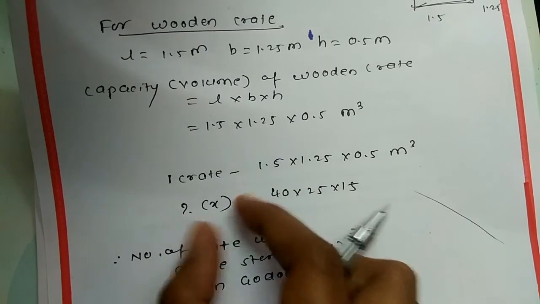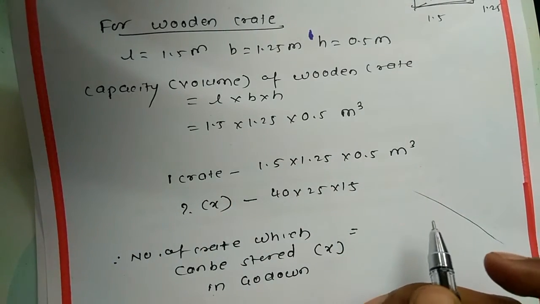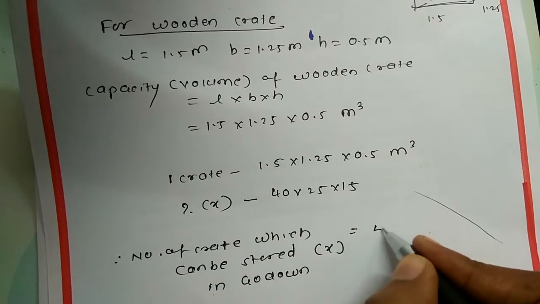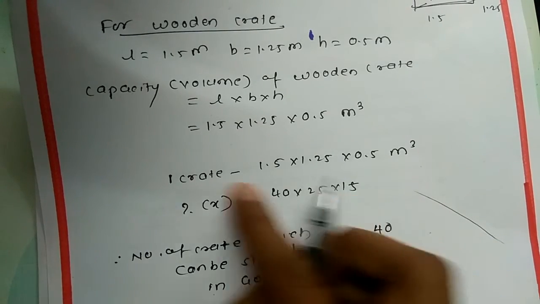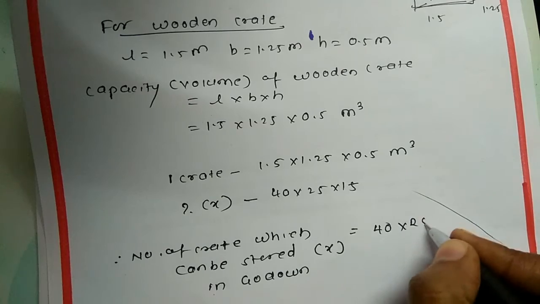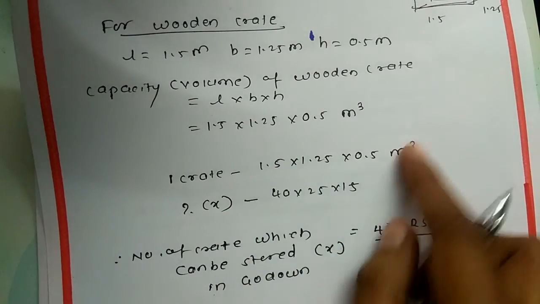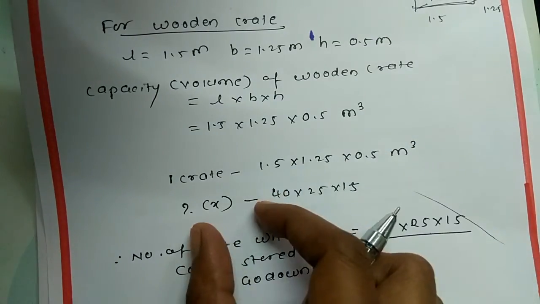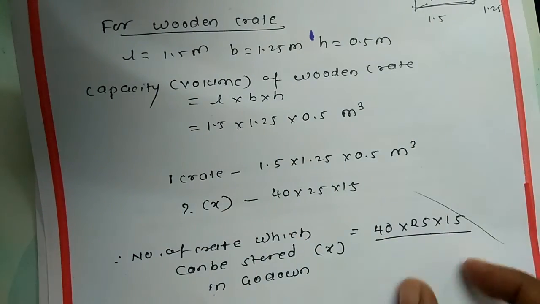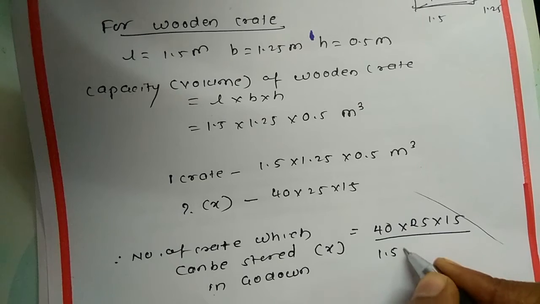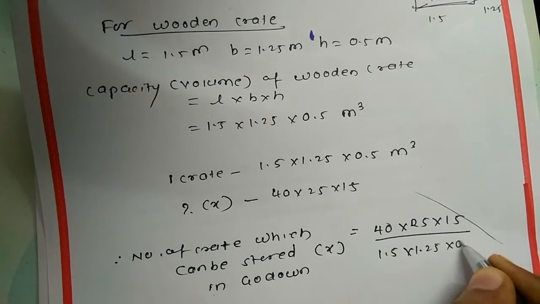We need to find x, so we divide by this volume. Then x will be 40 into 25 into 15 divided by 1.5 into 1.25 into 0.5.